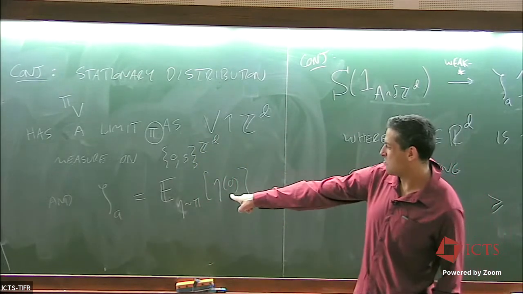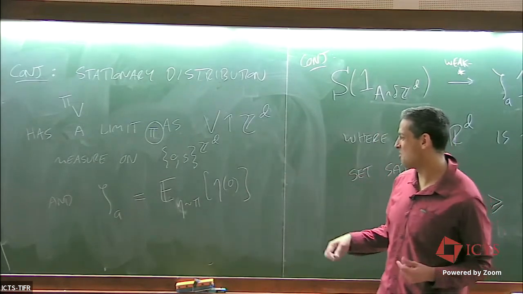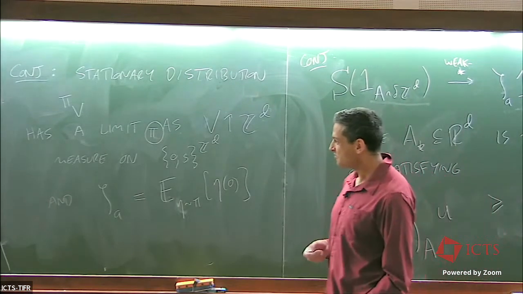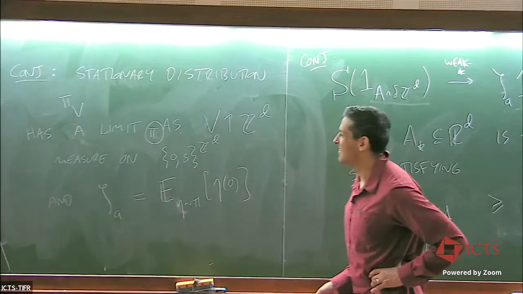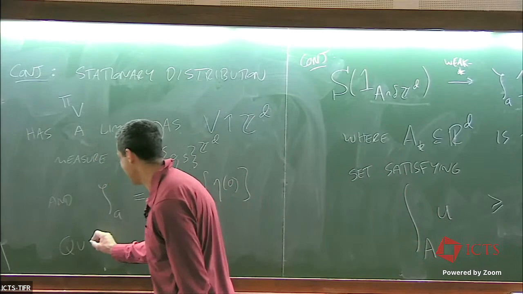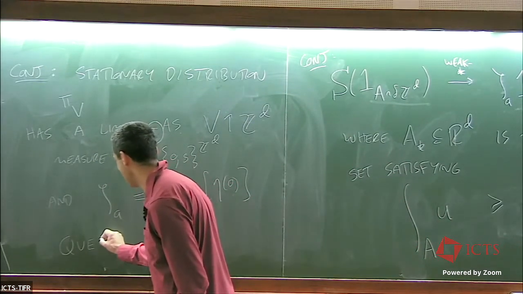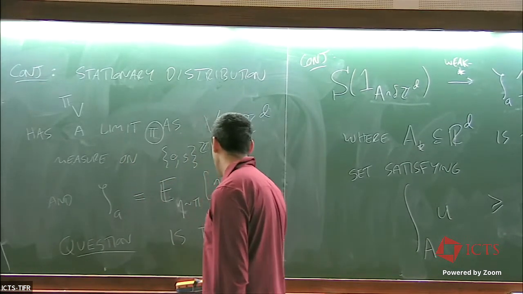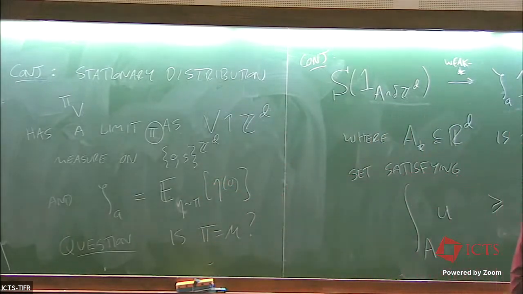Right, so this expected value is just saying you sample from this infinite volume stationary measure and you look, what's the probability that there's a sleeper at the origin? And the conjecture is that that probability is the same as this zeta_A. And sort of a more bold conjecture, which I don't necessarily believe, so I'll just phrase it as a question. Is pi equal to mu? So are these two infinite volume measures the same?